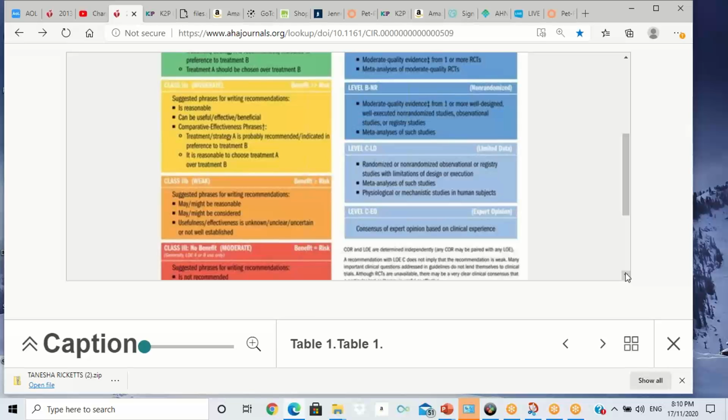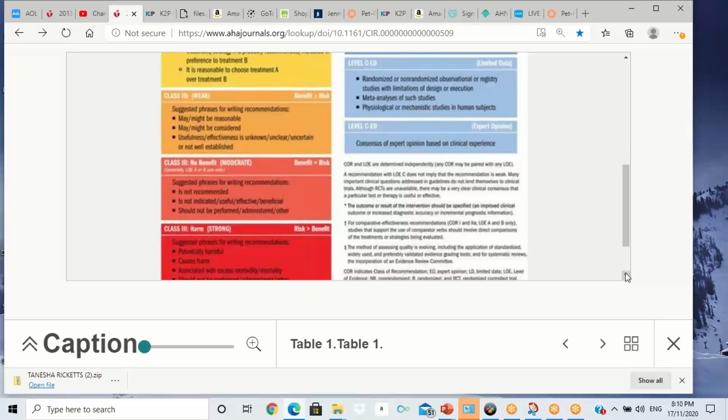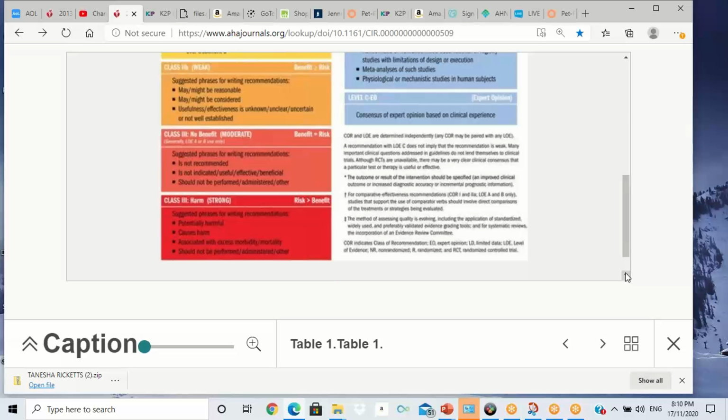It is suggested, but there's not a wealth of data to support a class 2B indication. And then when we talk about class 3, you have a class 3 medication or procedure that may not have any benefit, it may not help the patient. But the class 3 that we're really concerned about is those treatment or procedure that can harm the patient.